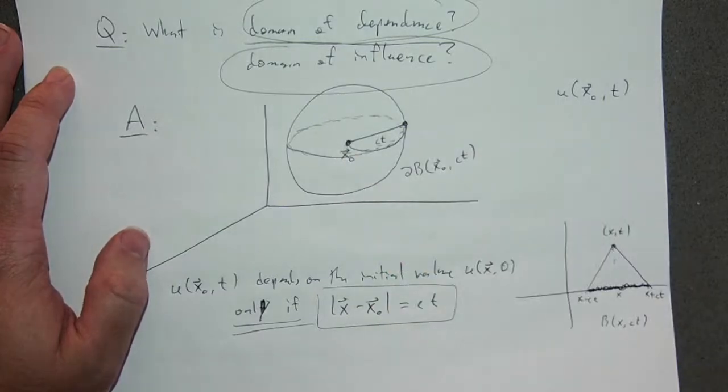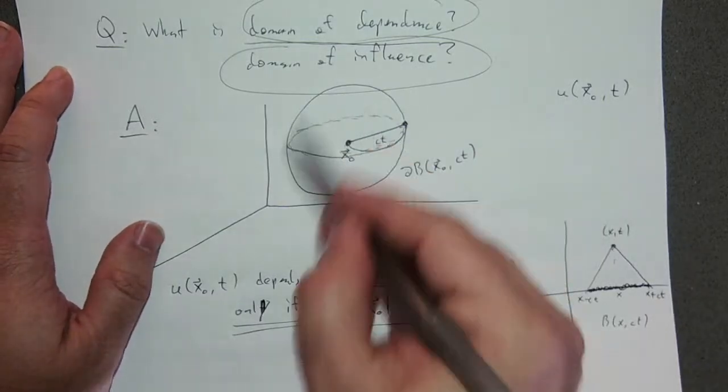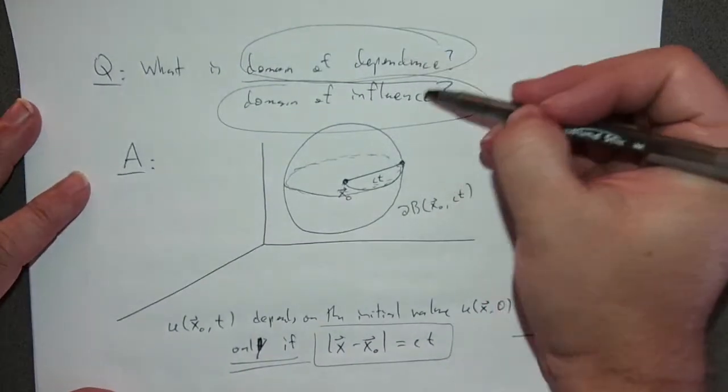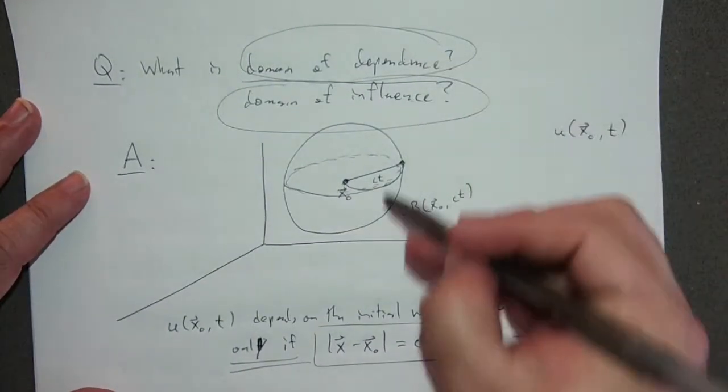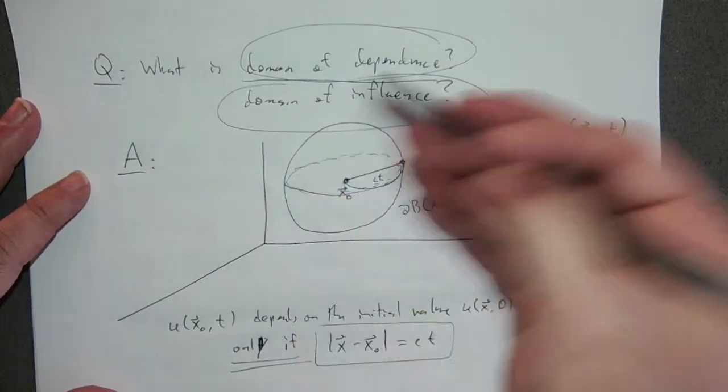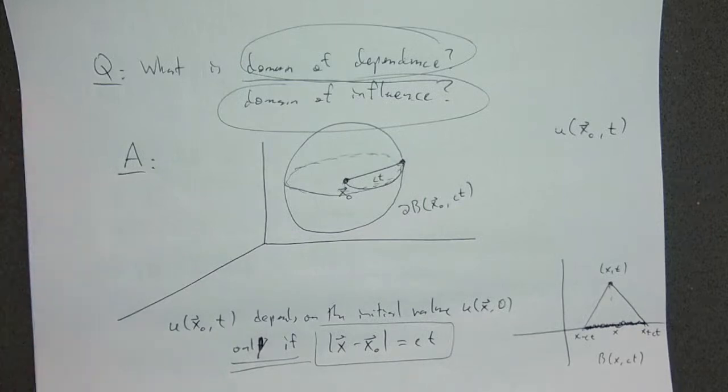It turns out it's exactly the same set. It's this sphere. So for the domain of dependence and influence, I have the exact same picture. I'm just saying the opposite thing here. It's the exact same picture interpreted in two different ways.